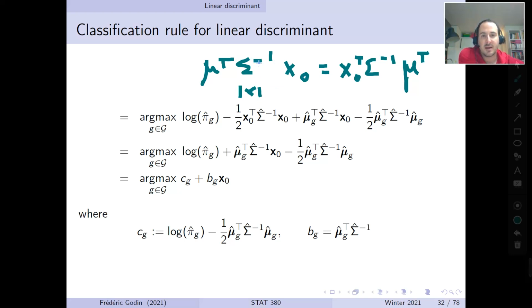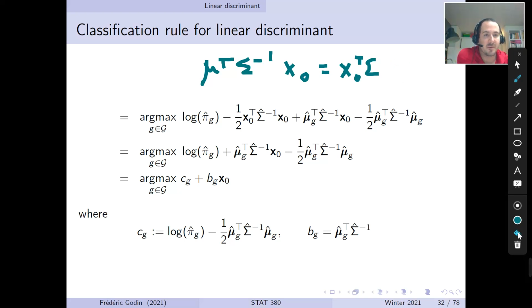If we transpose that, it becomes x0 transpose times sigma inverse transpose times mu. Please remove the transpose on sigma here. Also, because the matrix sigma is symmetric, sigma inverse is also symmetric. So sigma inverse transpose is equal to sigma inverse. This is why the transpose is not there. So this term contains two of the terms in the expansion of the previous product.